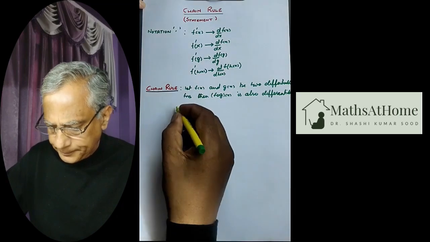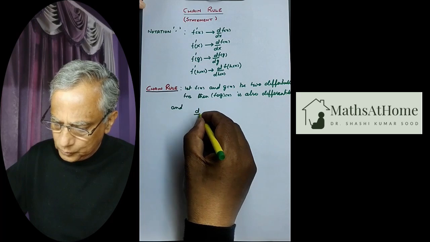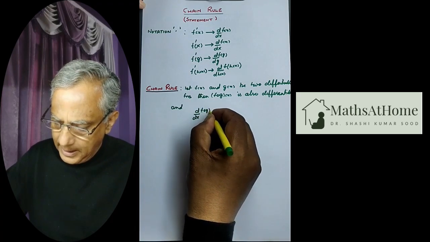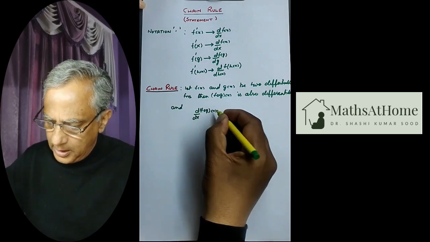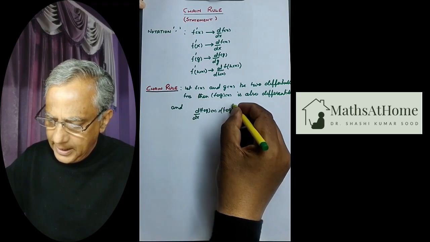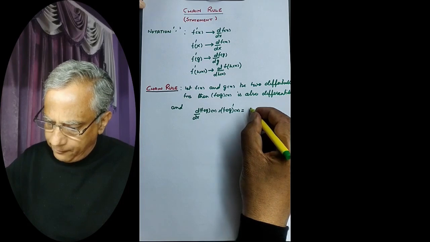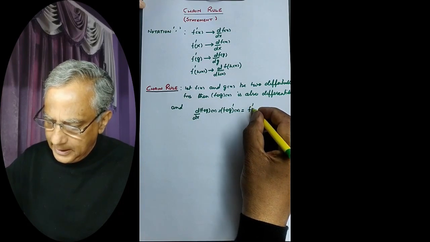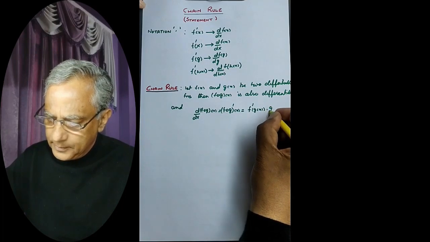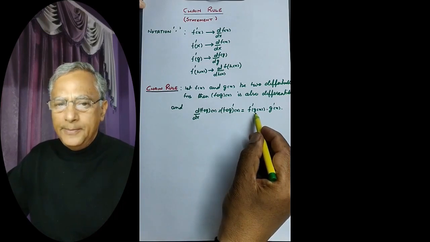And d by dx of f of g x is equal to f of g dash x is equal to f dash of g x into g dash x.